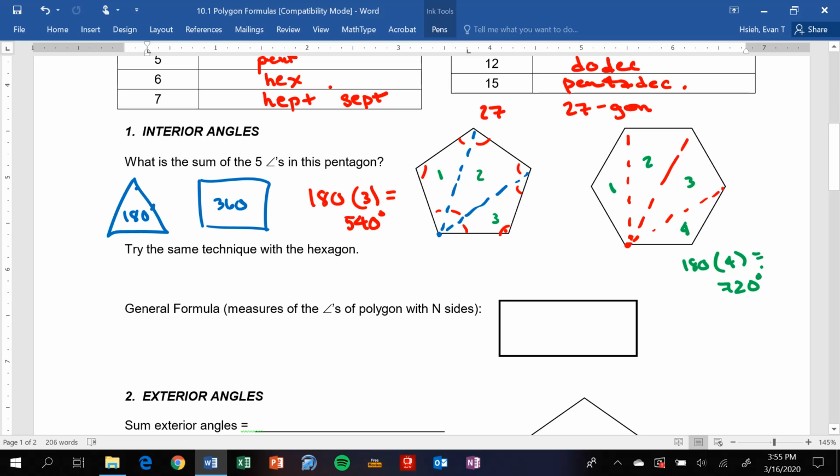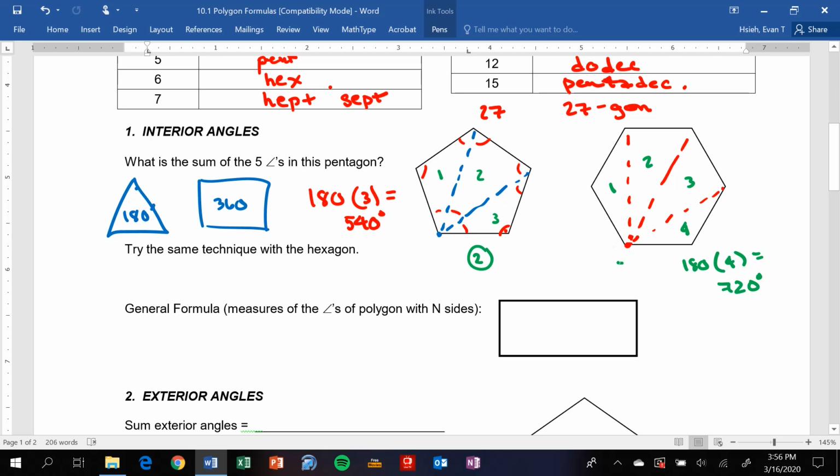So if you look at this, for each figure, every time the number of sides increases, the number of diagonals I can draw increases by 1. So you can see here that a pentagon has 2 diagonals I can draw.